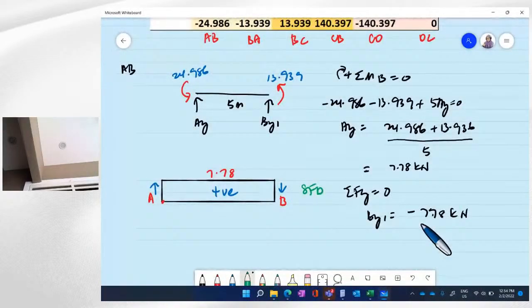Identify or draw the bending moment diagram. The first bending moment value is this. This is the first bending moment value in the bending moment diagram for member AB.